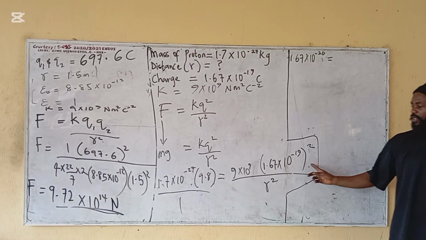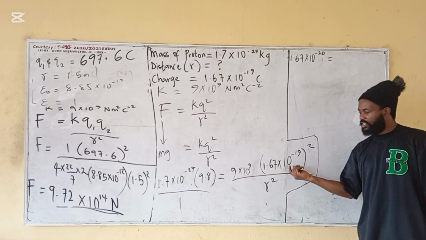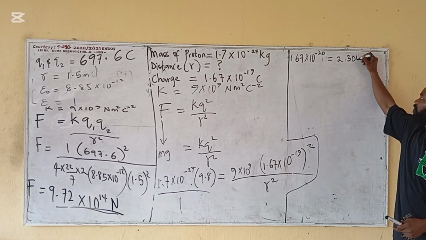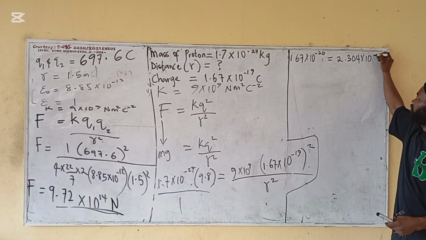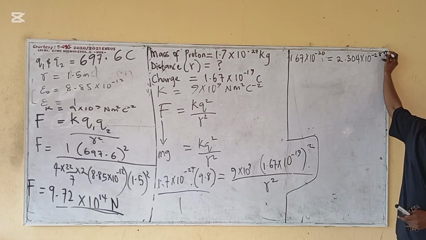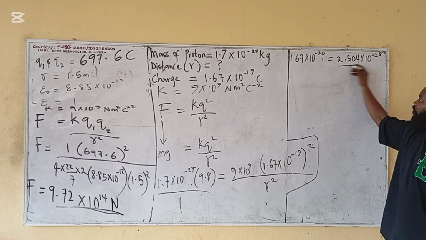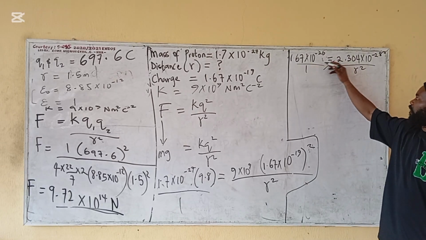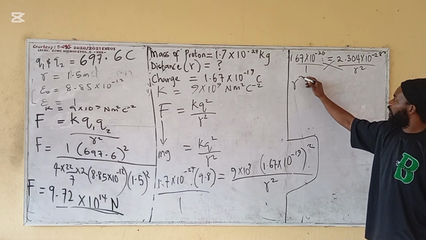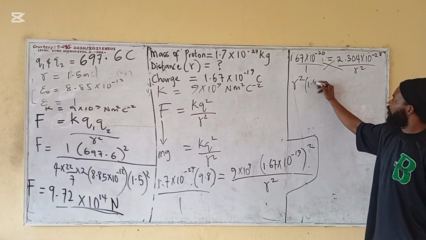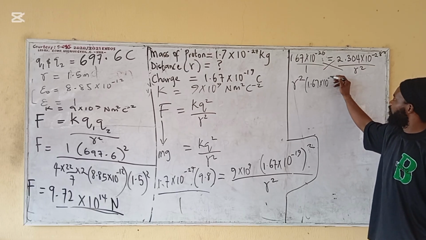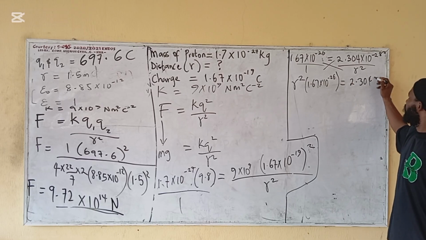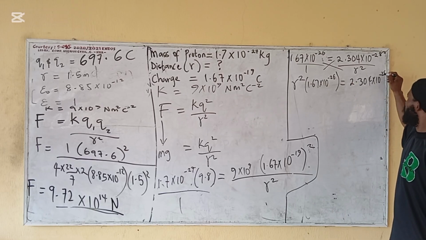If you don't know how to punch the calculator well, it's best to use indices. That gives 2.304 times 10 raised to the power minus 28, all over R squared. So that we can now cross multiply, I now have R squared into 1.67 times 10 raised to the power minus 26 equals 2.304 times 10 raised to the power minus 28.